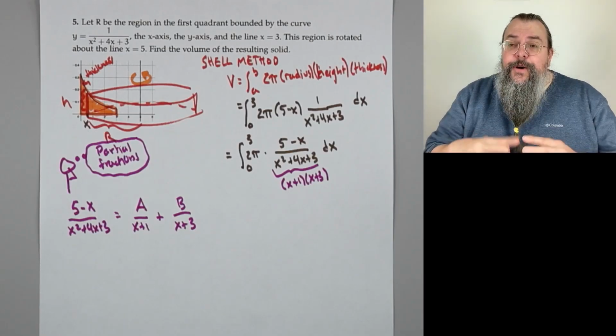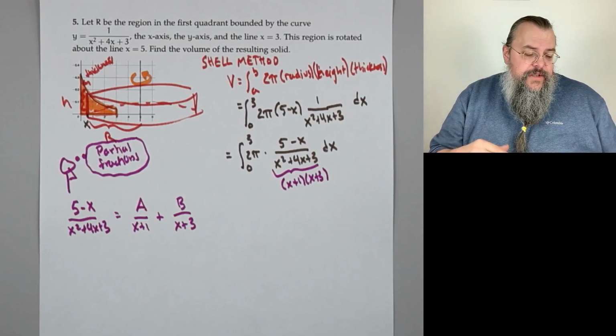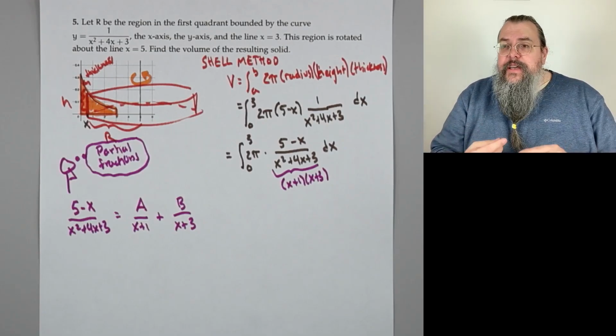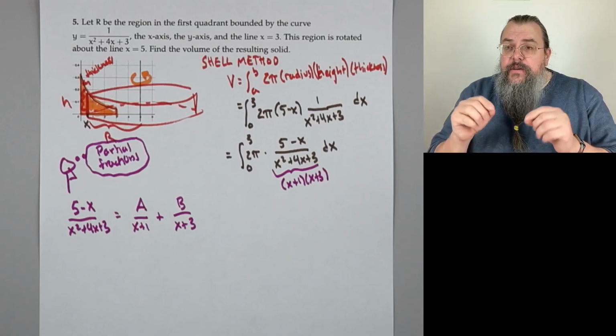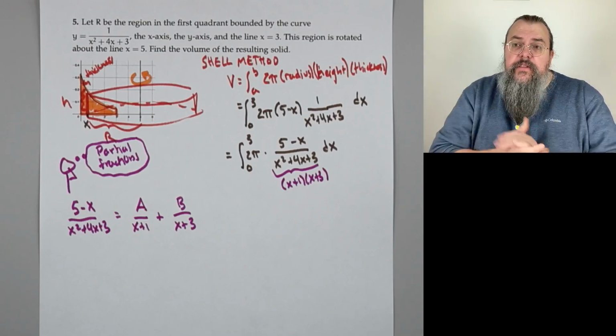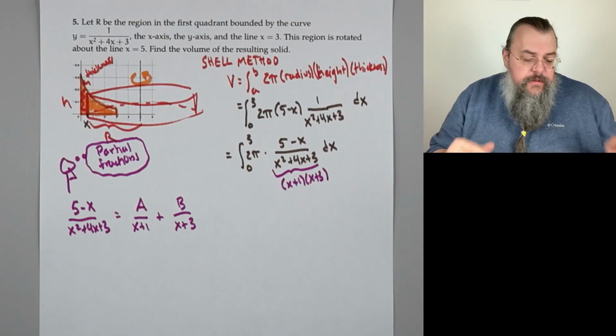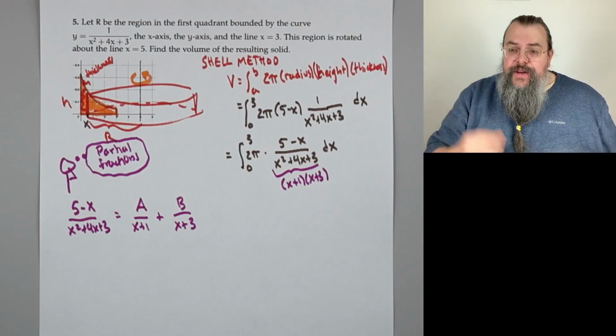But getting the form is super important. So it's okay to remind yourselves of what to do. Now, in this case, we're in luck. Our terms downstairs are what we call linear, just involve x to the 1, and there's no repeated terms, so that makes things a lot simpler. So, okay, it's A over x plus 1, B over x plus 3. So it's okay to make sure you have that down.